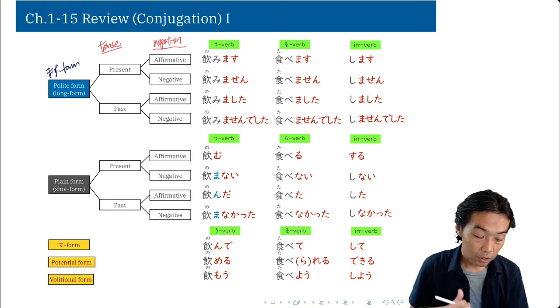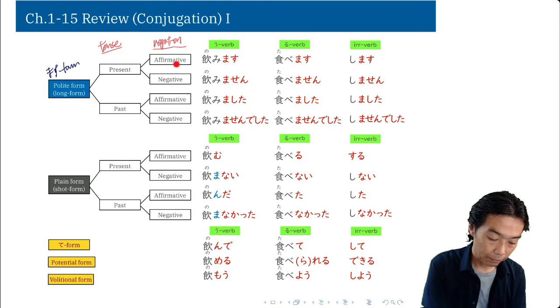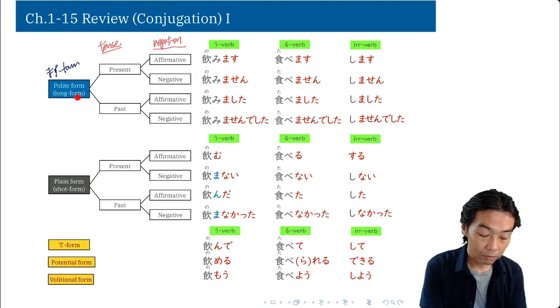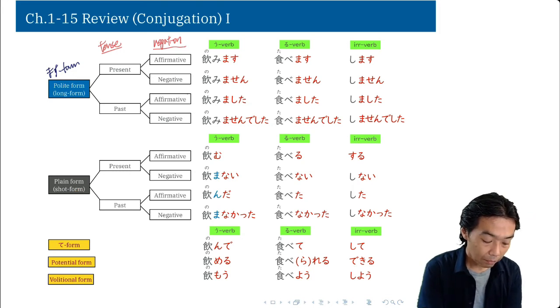So each form, for both present and past, you have affirmative, yes, I do, and negative, no, I don't. So there are 4 different forms for polite form and 4 different forms for plain form. And we have some special forms that we're going to talk about later.